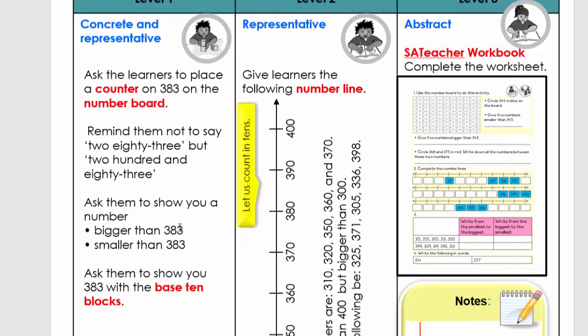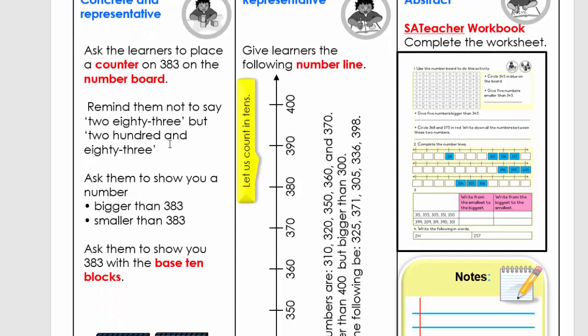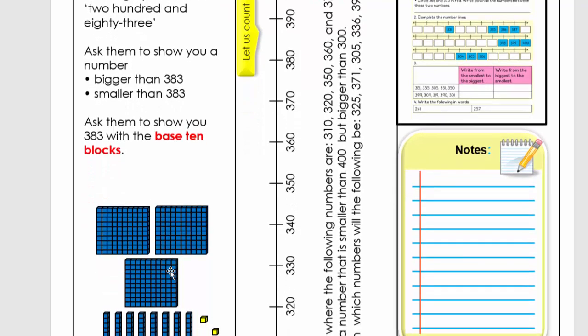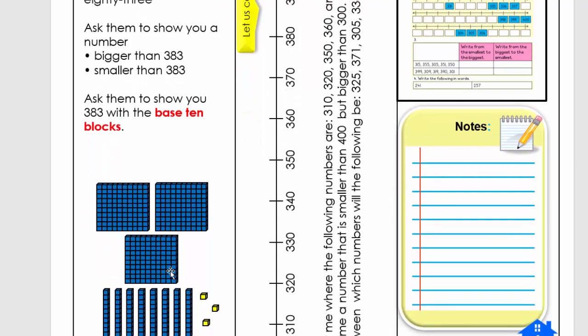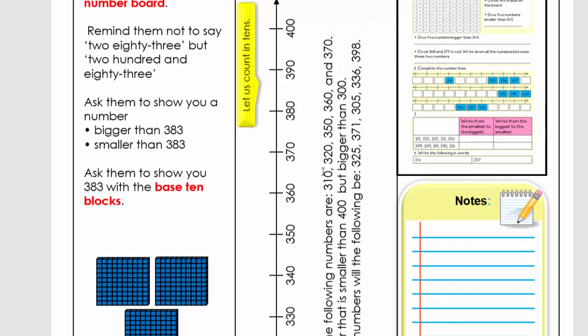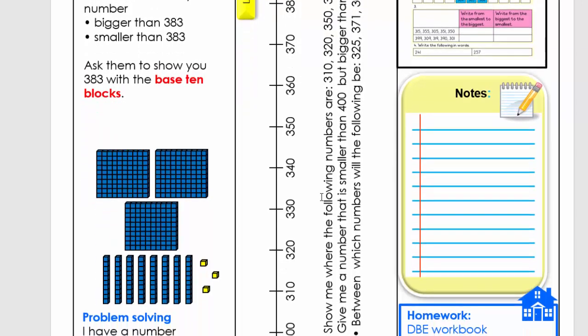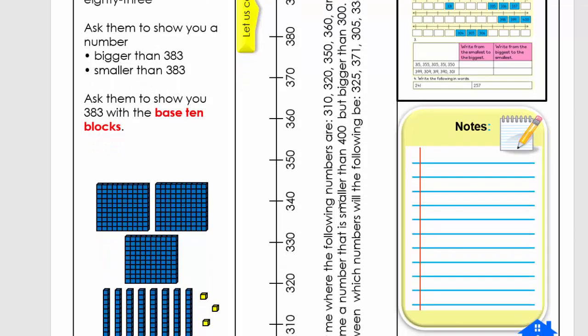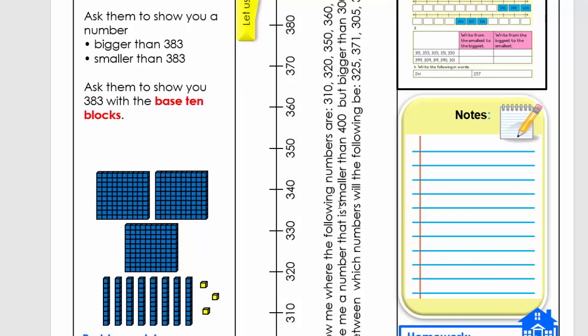So here again, if the child struggled on the concrete level, let them build the numbers with the base 10 blocks. Then on the representative level, draw a number line between 300 and 400 in intervals of tens. And you can ask questions using words like bigger, smaller, equal, before, after, between.